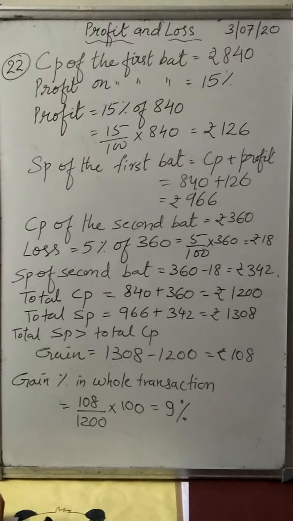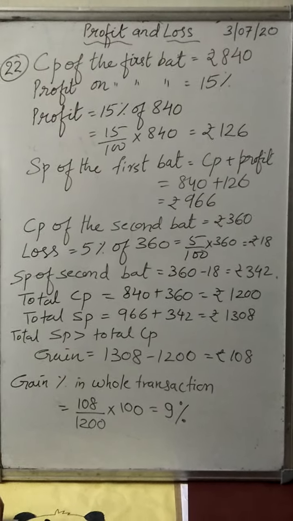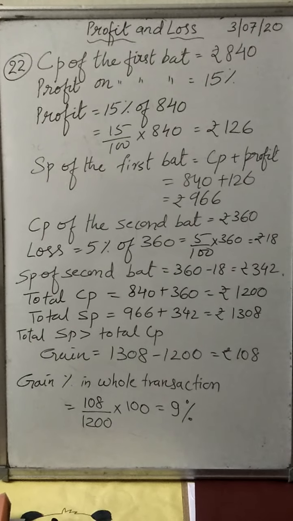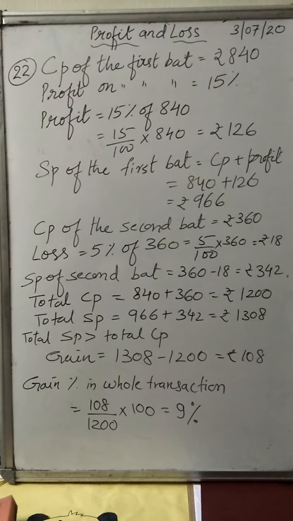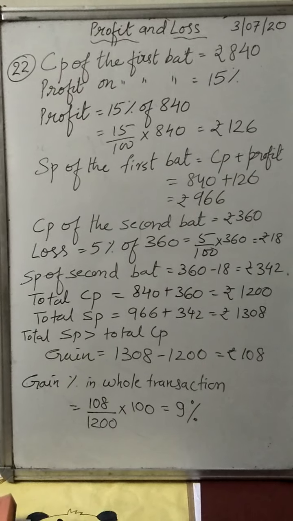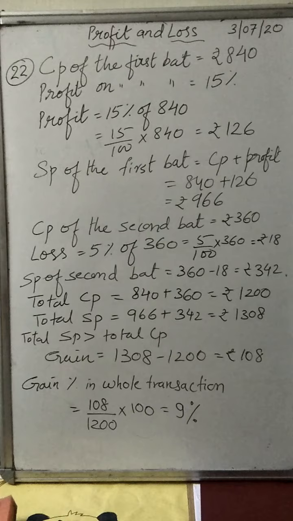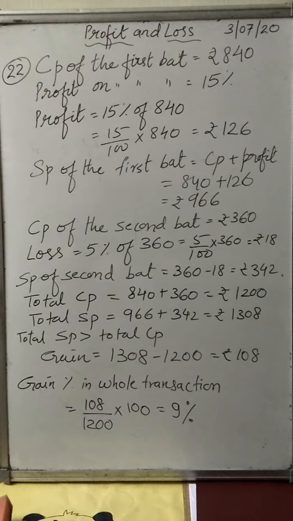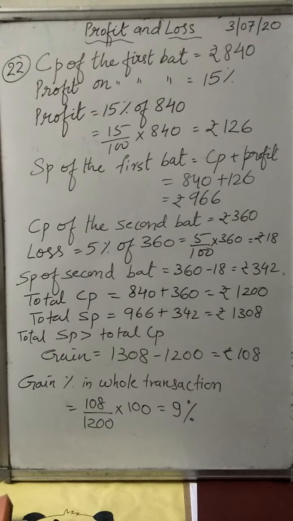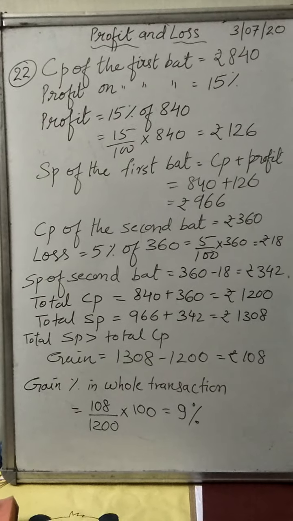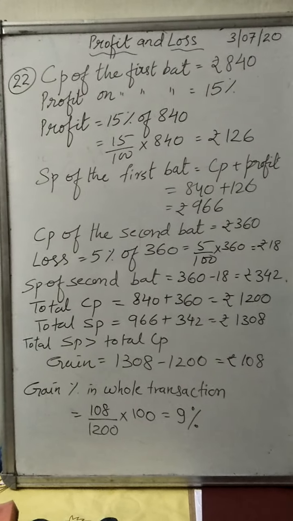Wasim bought 2 cricket bats for rupees 840 and rupees 360 respectively. He sells the first bat at a gain of 15% and the second one at a loss of 5%. Find the gain or loss percent in the whole transaction. Very nice question this is.